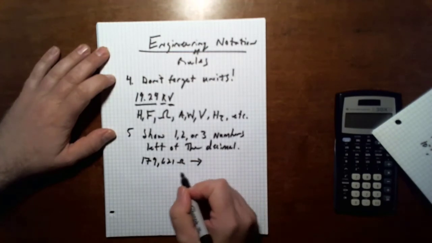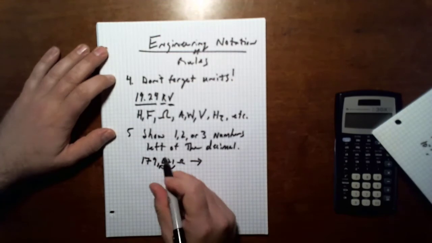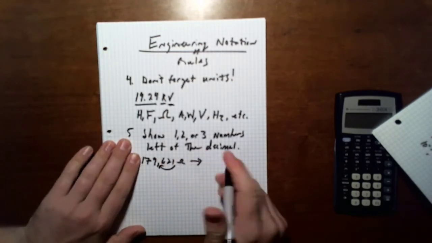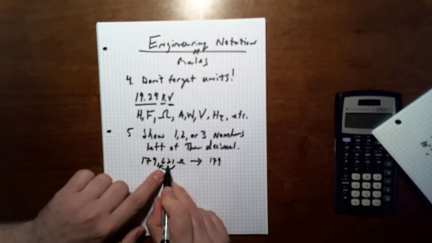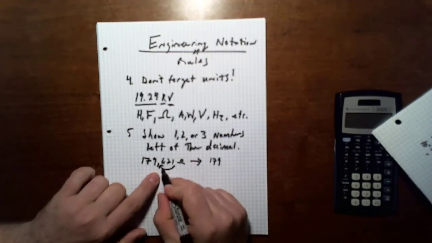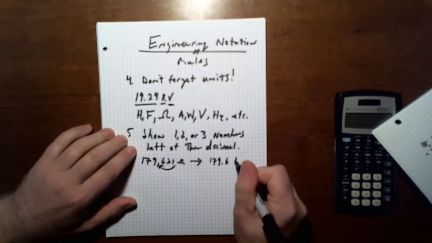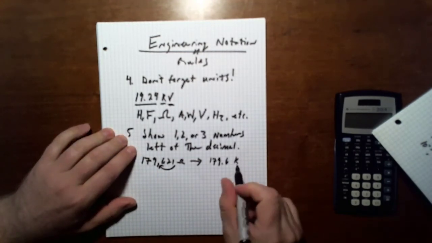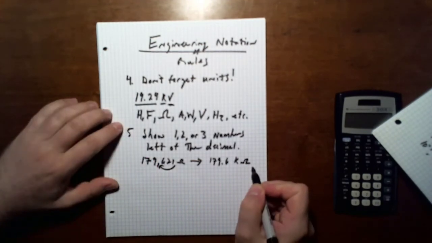What are we going to do? We're going to go from the decimal point over to the left 3 so that I have 3 numbers to the left. I have my 5th place as a 2, so I'm just going to drop it. 179.6 what? Kilo, because kilo represents dropping 3 zeros, ohms.